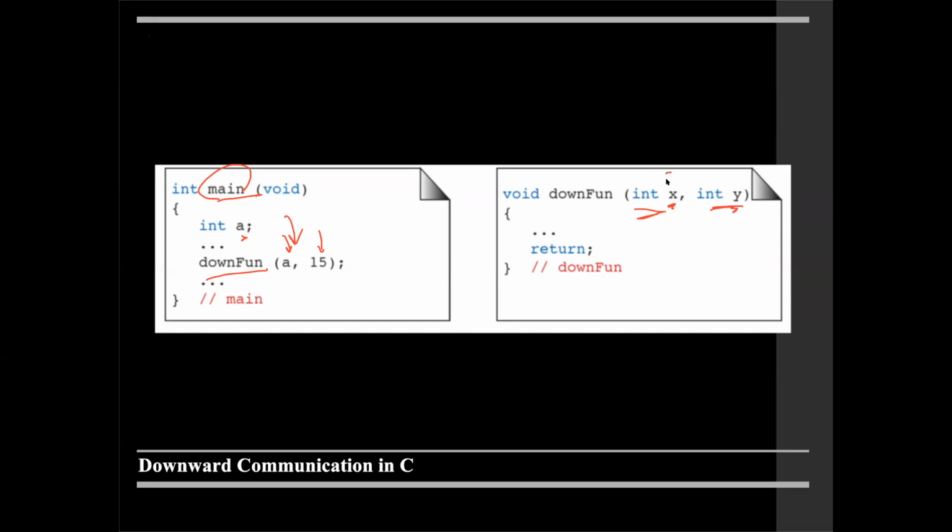So x is whatever this a value is. In this case, we don't know, but we know y is 15 from the prior calling function here. So there's a local copy of this x and y being created here. Whatever you do to it, let's say x plus plus, y minus minus, would have no effect on the value of a and 15 outside of this function, in this main function.